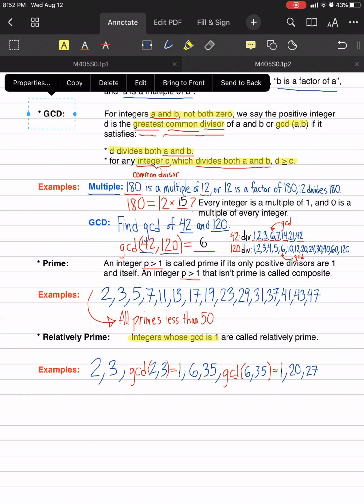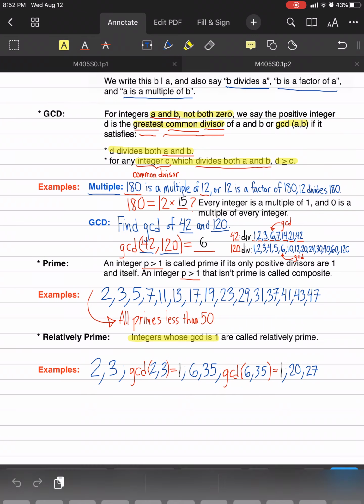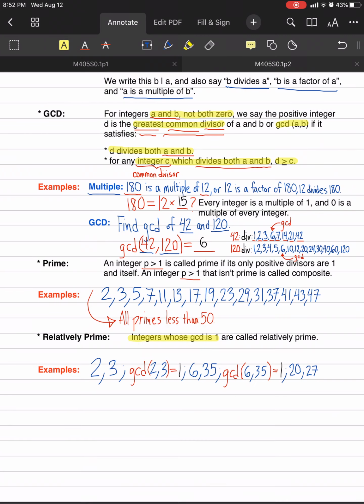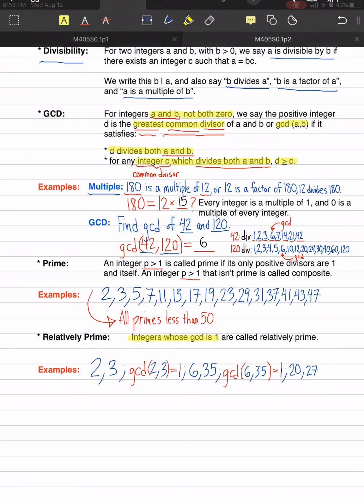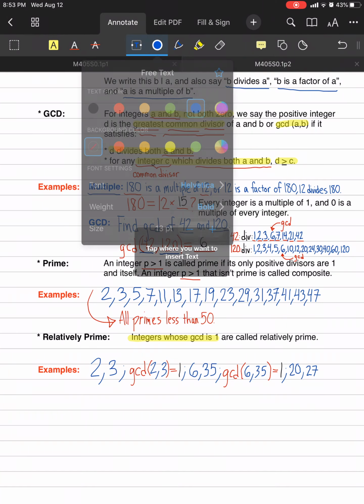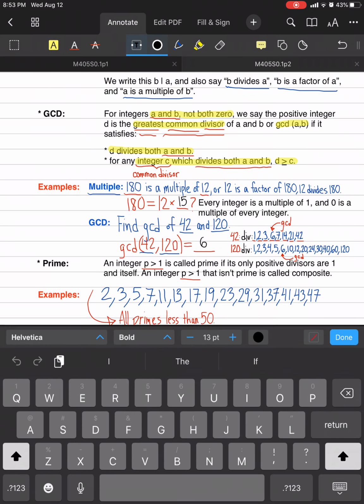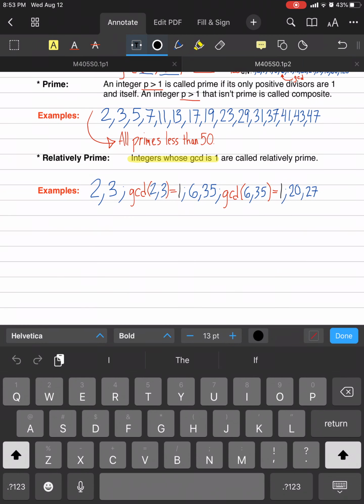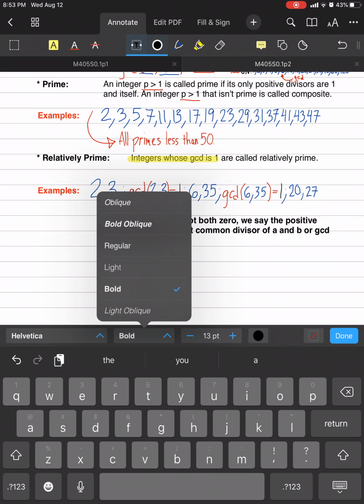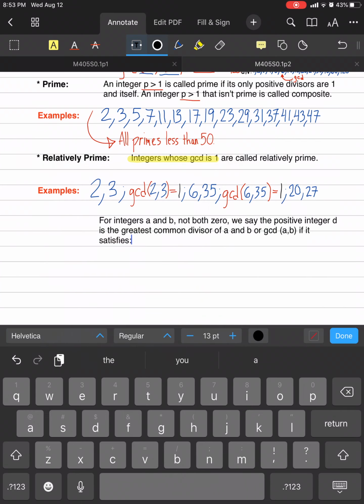Let's see if I can do the last bit here. I'm going to put one new definition down here.